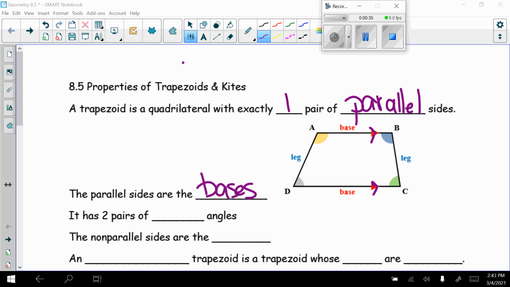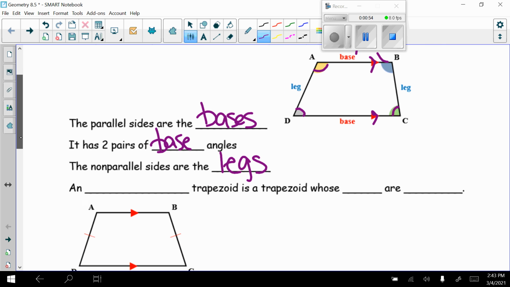It will then have two pairs of base angles. So base angle, base angle, base angle, base angle. The non-parallel sides are referred to as the legs. Then we're going to talk about a special type of trapezoid.